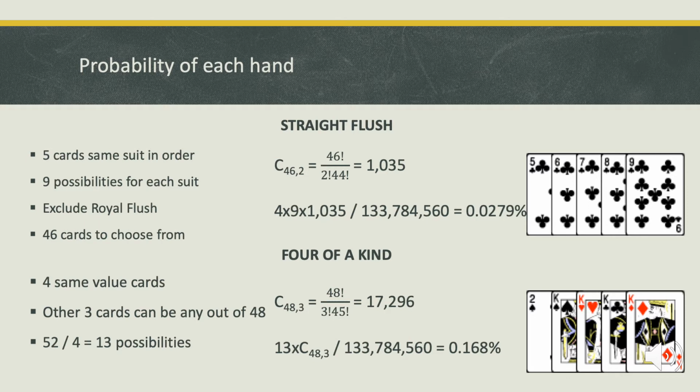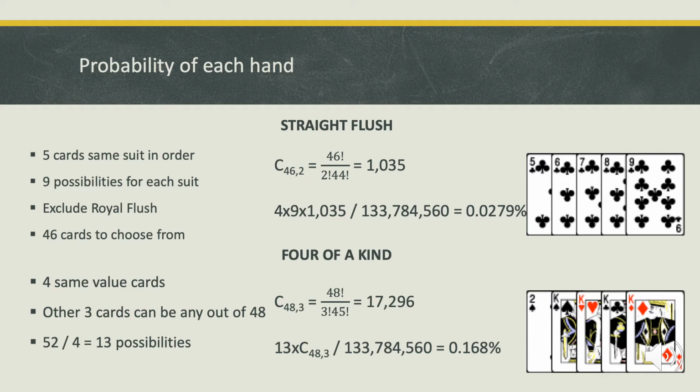So there are 9 possibilities for each of the suits for a combination of 5 cards that come in order after you exclude the royal flush. Since we're excluding the use of the ace, we only have 46 remaining cards that can be chosen for the 2 extra cards. So we have 5 in order, 2 extras. Those 2 extras are chosen out of 46 cards that are in the deck.